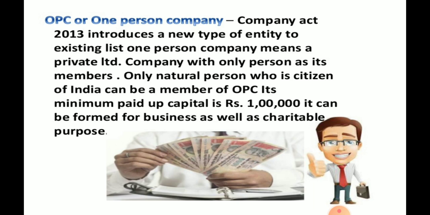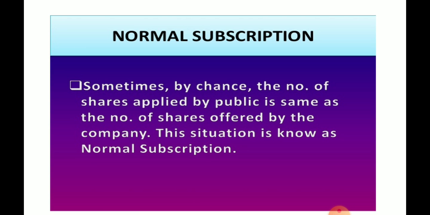The member of an OPC is a natural person, and it can be formed by one person. Its paid up capital should not exceed 50 lakh rupees, and average turnover of 3 years should not exceed 2 crore. So these are some limitations of OPC.